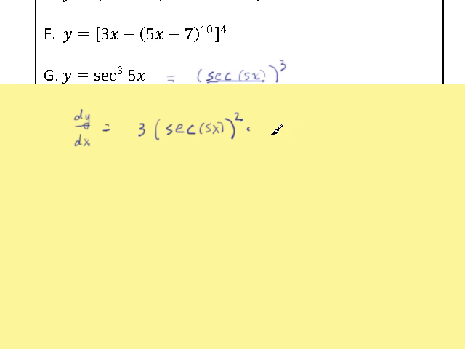So remember, the derivative of secant is secant tan. So that would be secant 5x tan 5x times the derivative of 5x, so that would be times 5.